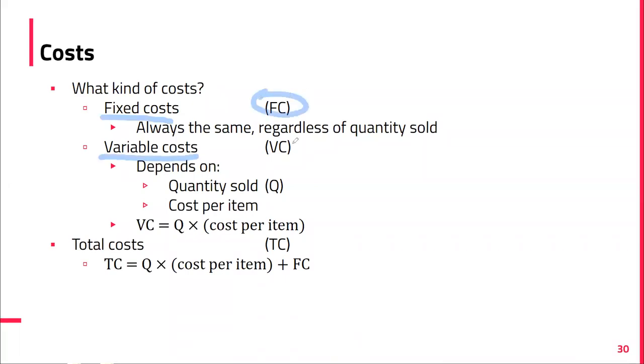Fixed costs is FC, variable costs is VC. So fixed costs are fixed. They do not depend on the number of things that we sell. If I'm going to build a factory to make cars, I don't build a new factory for each car, I build one and then I keep reusing it. So that's a one-time cost.